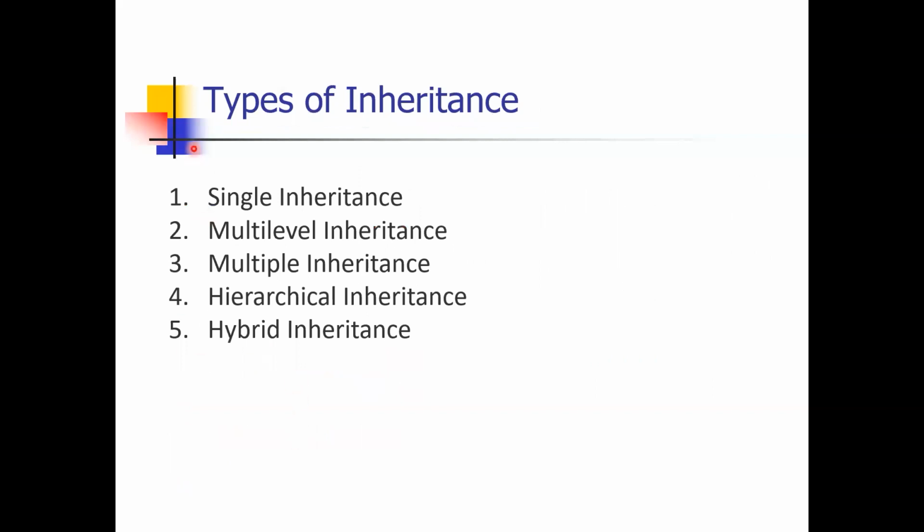Now, types of inheritance. Inheritance can be single inheritance, where there is one child related with one parent. Then there can be multilevel inheritance, meaning the inheritance relation is not up to one level, like grandfather to father, father to child.